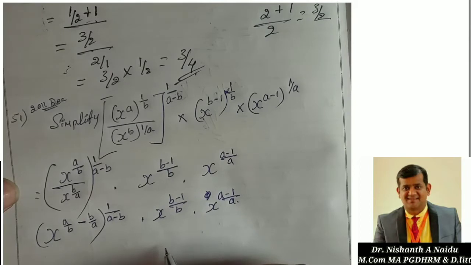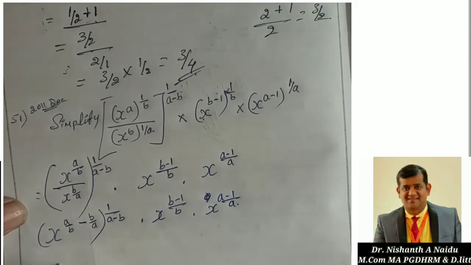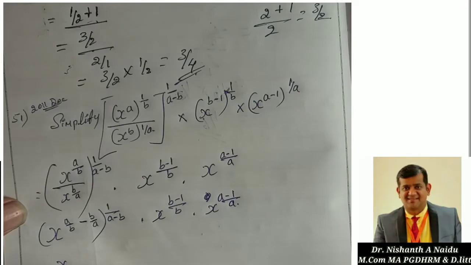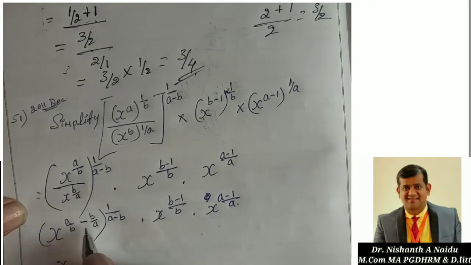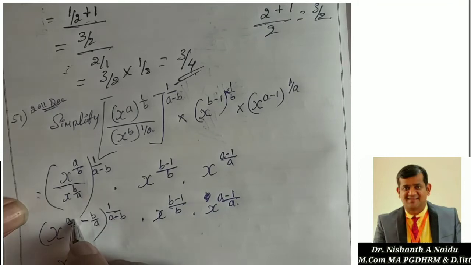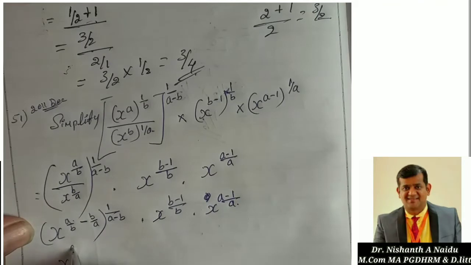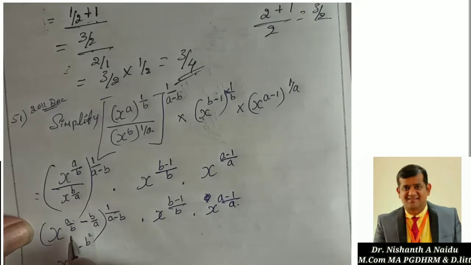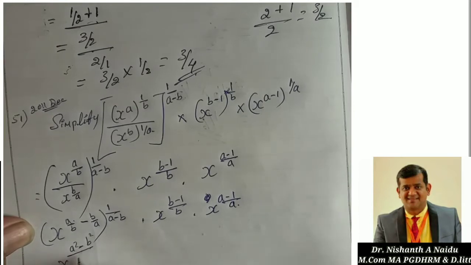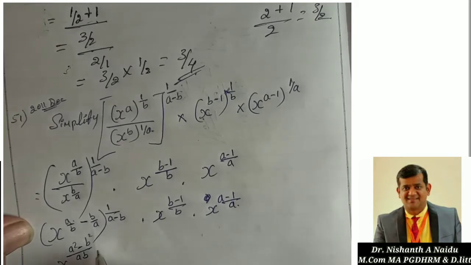In the next step, x to the power of a into a, cross multiplication I am doing. A into a is a square, minus b into b square, b into a, that is ab, divided by ab.